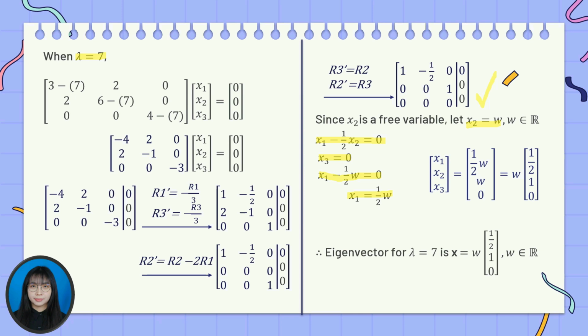Hence, we get the solution space of x is (1/2 w, w, 0). And we factorize w, we will get w times (1/2, 1, 0). So the eigenvector for lambda equal to 7 is the vector x equal to w times (1/2, 1, 0).